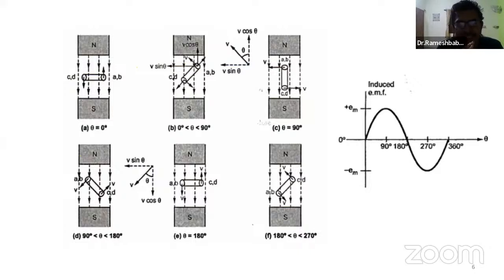In the first position you can see the flux cutting, and how much EMF is induced depends on the angle: when the conductor is at 0 degree, when it is less than 90 degree, when it is at 90 degree. Based on that, how much EMF is induced is given by the flux linkage. Based on the flux linkage, the EMF will vary. That is given here, right?